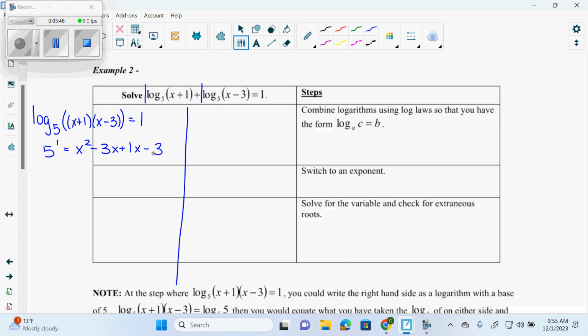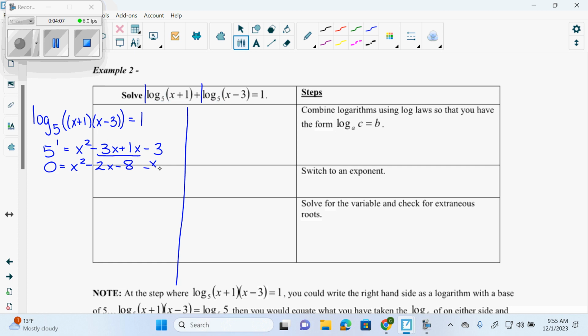And what do I have to do whenever I have an x squared? Grade 11 taught us this. Get everything to one side, set it equal to 0, and then factor. So we're going to get 0 equals x squared minus 2x minus 8.